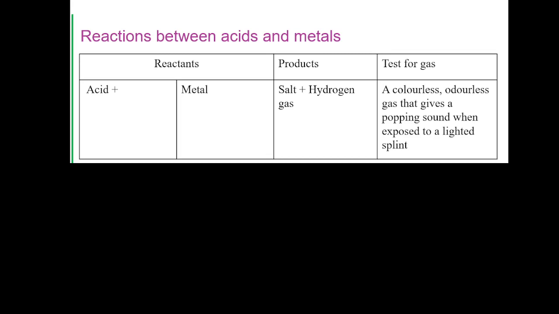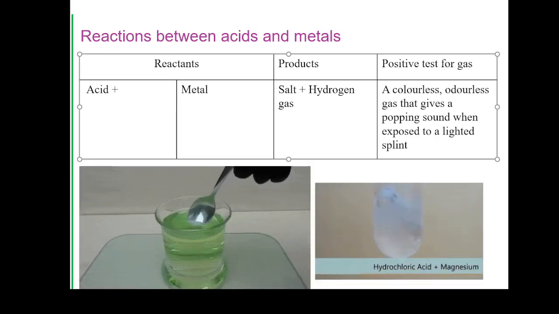So in terms of the positive test for the gas, this is what you would see: a colorless, odorless gas that gives a popping sound or a squeaky pop with a lighted splint.